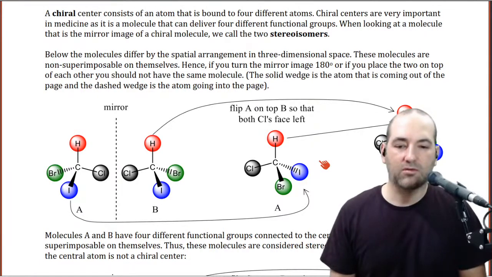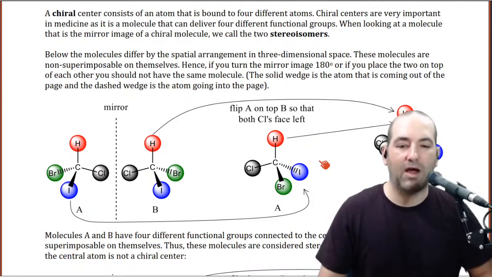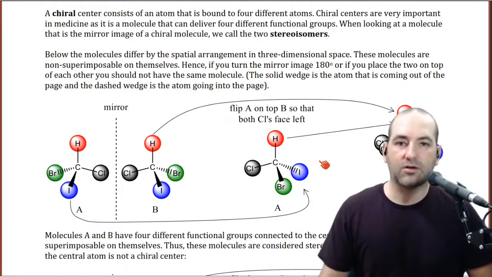So we're going to go through it a little bit slowly, and hopefully it'll make sense eventually. We're looking at something called chirality, a way of describing a certain three-dimensional orientation that makes something somewhat asymmetric.